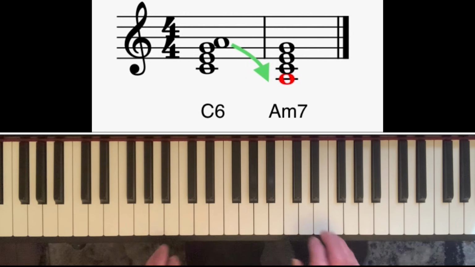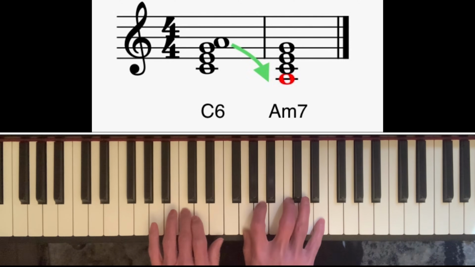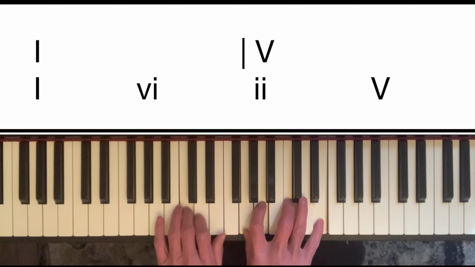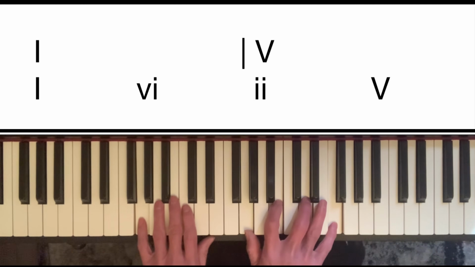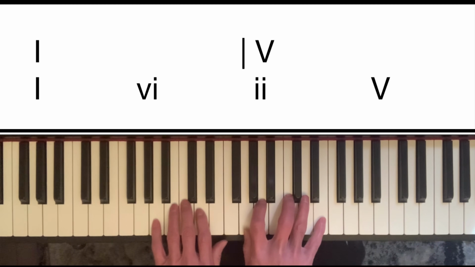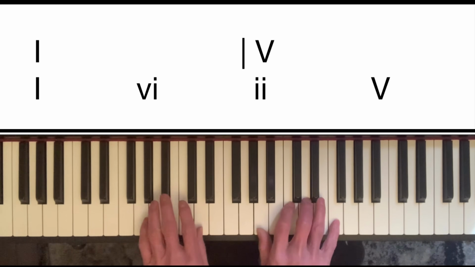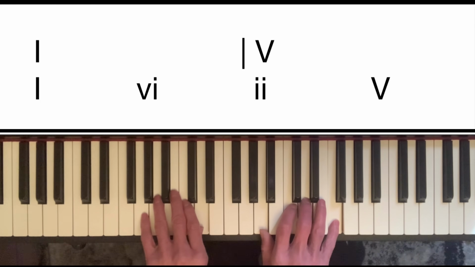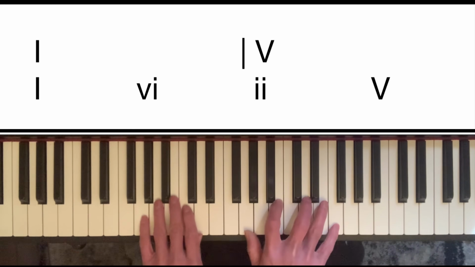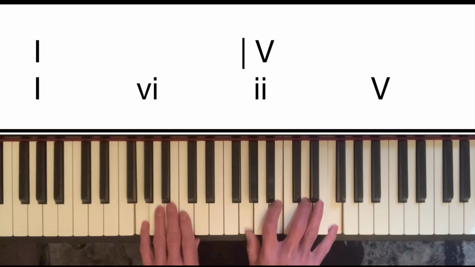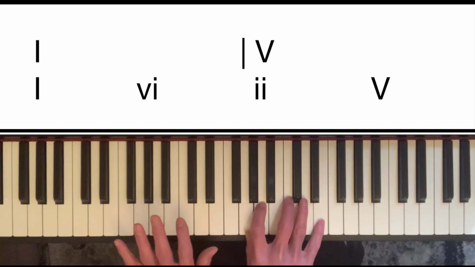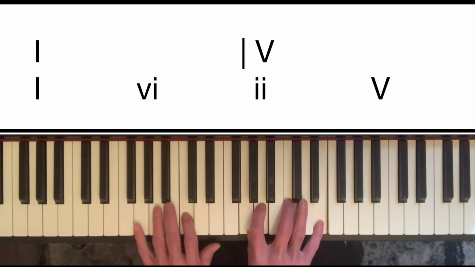So in other words, if you had, say, a bar of C6, 1, 2, 3, 4, going on to G7, 1, 2, 3, 4, you can always substitute that with 1, 2 on C6, 3, 4 on A minor 7, 1, 2 on D minor 7, and 3, 4 on G7.